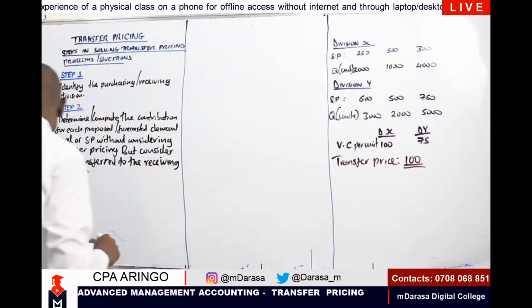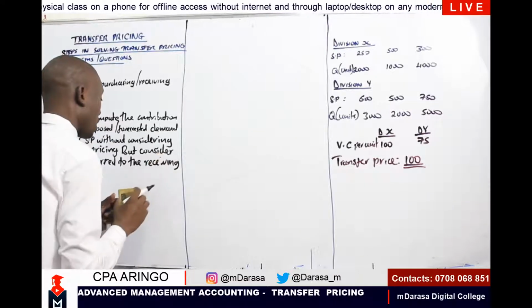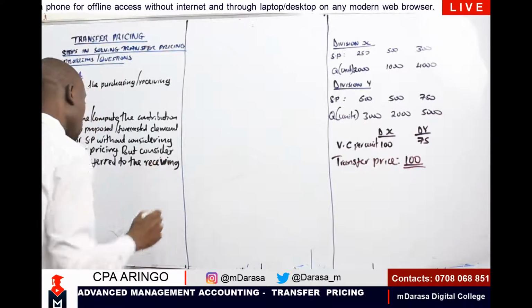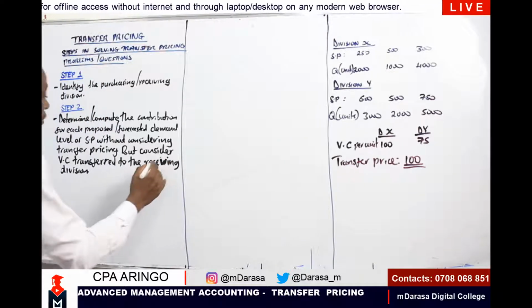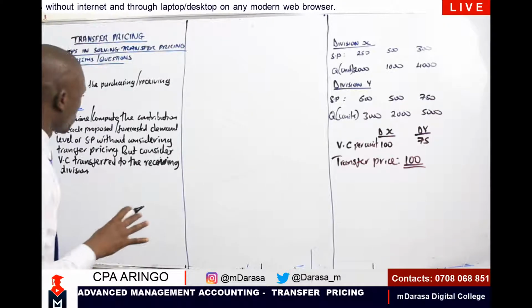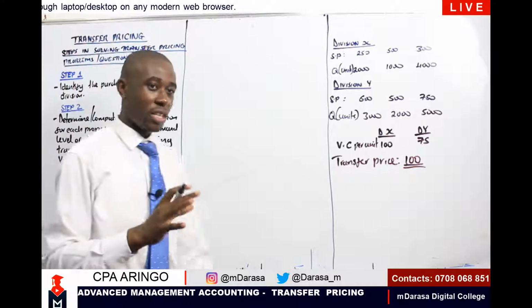Consider the variable cost transferred to the receiving division. So this is what we are talking about. The moment I'm able to identify this one, it will be very simple for us.